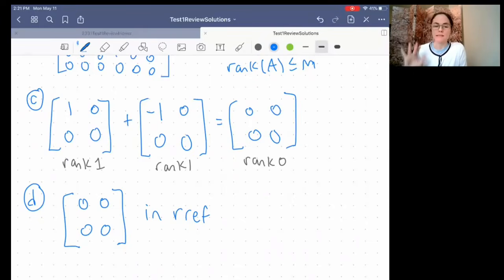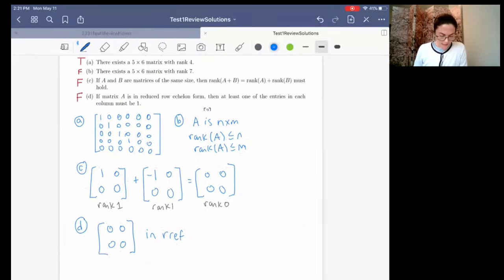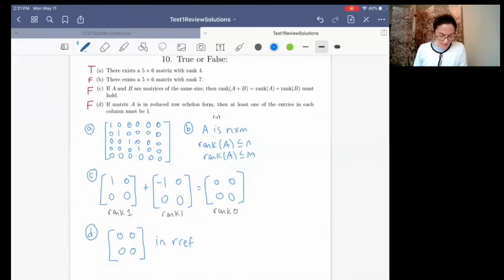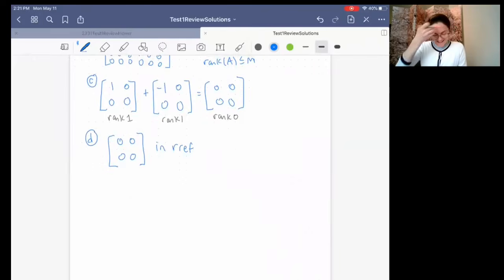Absolutely it is. It's rank 0. In fact, the 0 matrix is the only rank 0 matrix. Okay, we have no leading ones. The rank is 0. So we see this matrix is in reduced row echelon form. At least one of the entries in each column must be 1. Well, that's false because the entries are all 0 here.